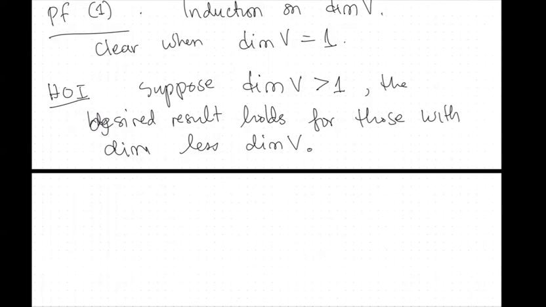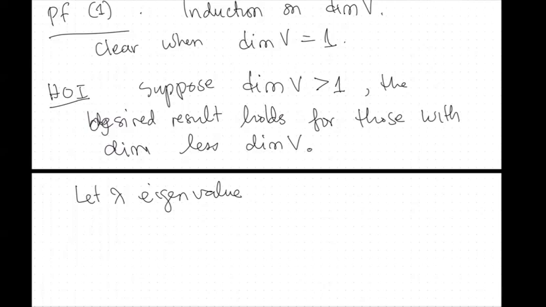Let us consider an eigenvalue. This is guaranteed by our previous statement that every operator has an eigenvalue, which was proven earlier using the fundamental theorem of algebra. So we can always assume there's an eigenvalue.